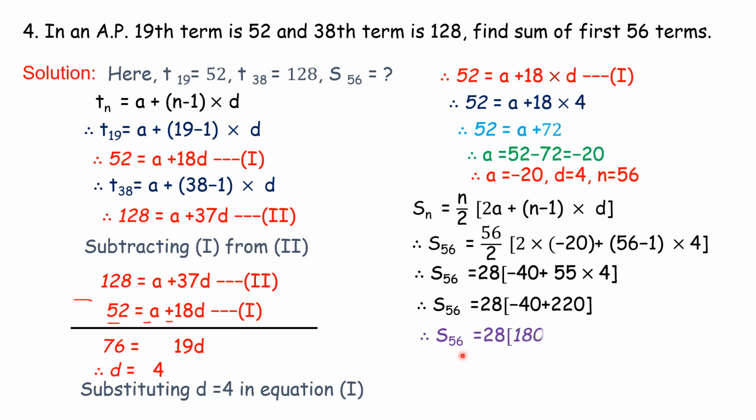Sum of first 56 terms is equal to 28 into 180. We get the answer, that is 5040. Write down the answer, complete this example in your notebook.